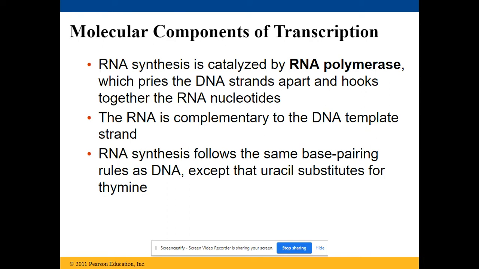The RNA is a complementary strand to the DNA template, so it uses the same base pairing rules, except for the fact that uracil substitutes for thymine. So A and U pair together and not A and T in RNA, because RNA does not have a thymine, it has a uracil.